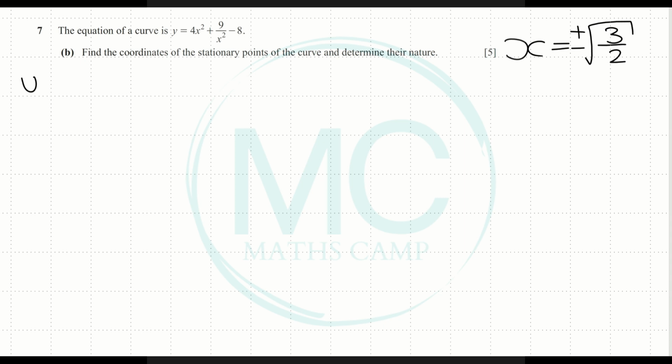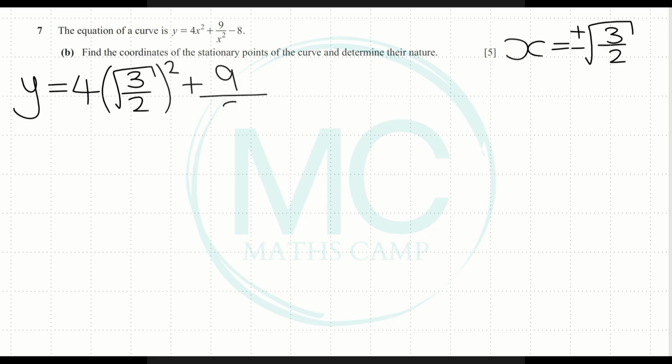So we can say y is equal to 4 multiplied by 3 over 2 under a square root squared plus 9 over 3 over 2 under a square root squared minus 8.